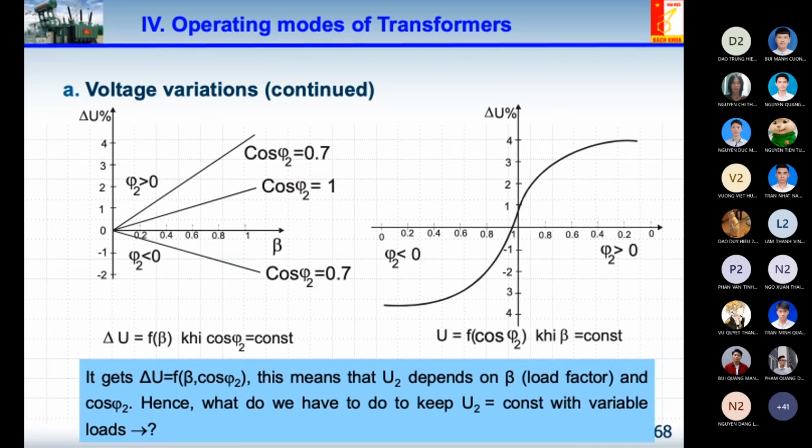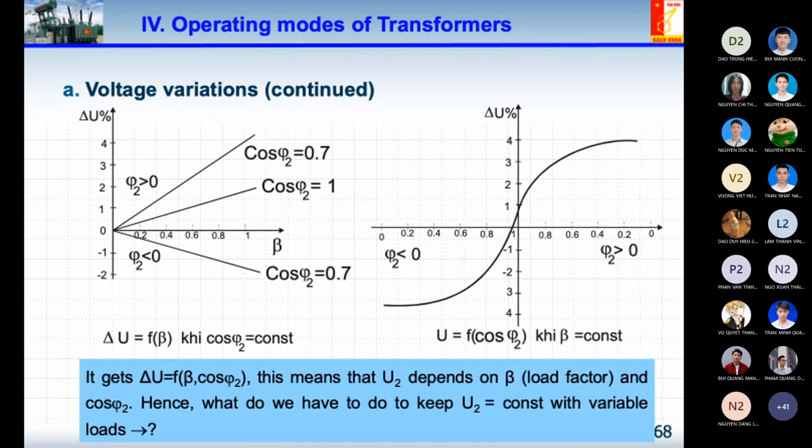I said before, maybe last week or the last two weeks, for any transformer, even the distribution transformer, step down transformer or step up transformer, if you want to keep the output voltage of the transformer constant, it means that we have to change the turn number of the winding.